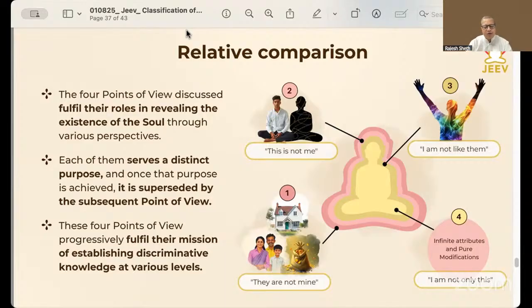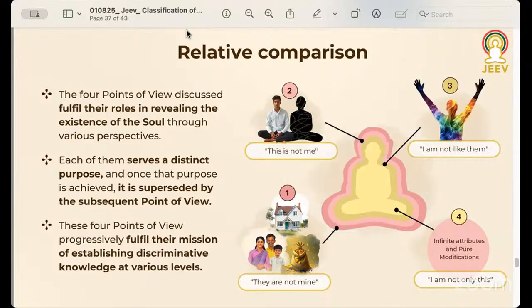Then when we went to number three, another level of discriminative knowledge, we discarded the body and karma and labeled them as outsiders. And I am the modification of the soul. And in that modification, we considered impure modifications 100% and partial pure modification.